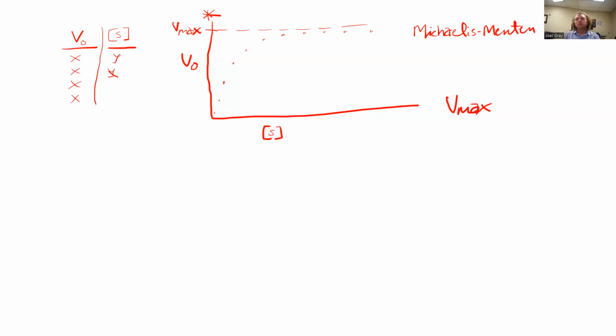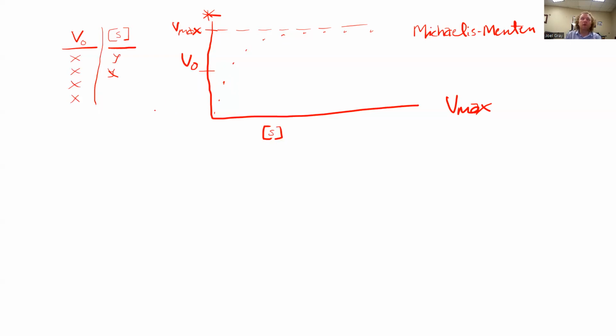Now, as soon as you have your Vmax with a Michaelis-Menten plot, you'll also be able to look on the y-axis and ask, where's half of Vmax? Well, it's about right there. Halfway up the y-axis is half of your Vmax; I don't really know how to define it any further than that.